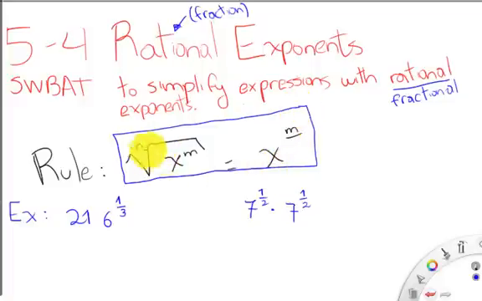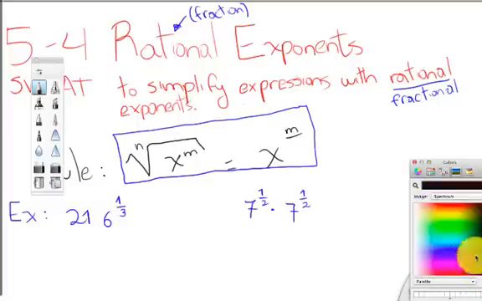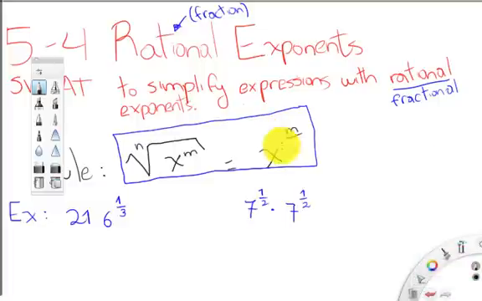If we have the nth root of x, any base, in this case it's x, to the power m, we're able to rewrite it as a fraction like this. Notice that the exponent goes on the numerator and the root goes in the denominator.